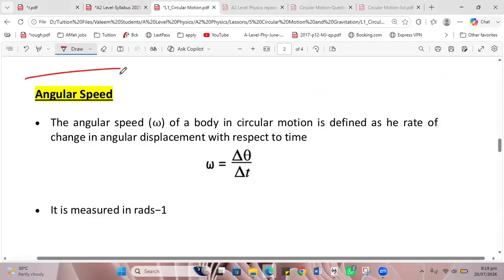Right, next up we have the next term, which is angular speed. Now normally what is the formula for speed? It's distance upon time, right? But for angular speed, the formula will be angular displacement upon time. What was angular displacement?